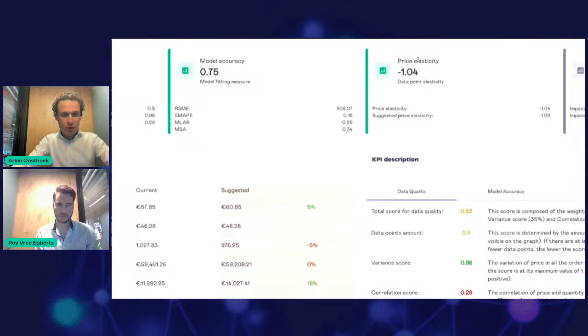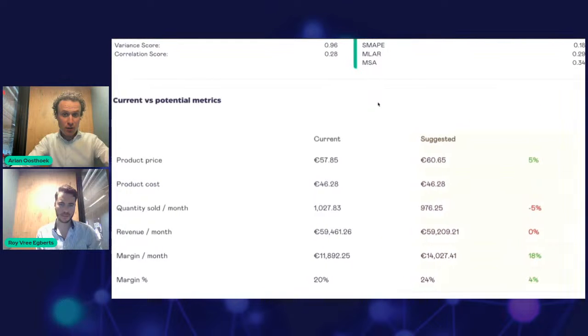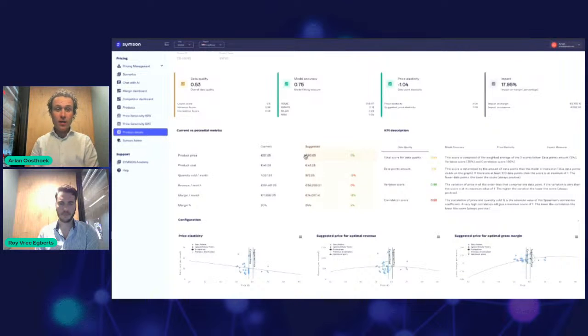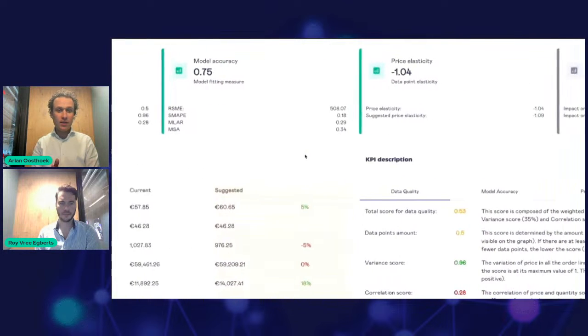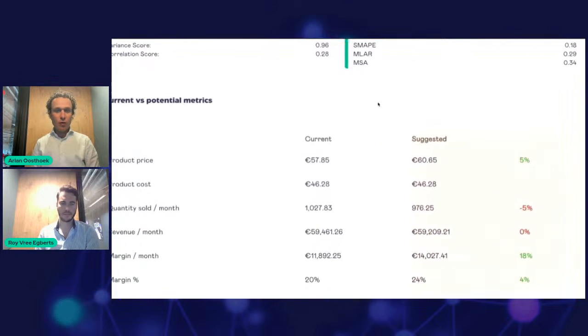So we, of course, respect your current margin percentages and your margin goals, but based upon the elasticity score, if it's elastic or inelastic, we recommend the right outcome according to your goal, which could be optimization for revenue or optimization for margin.